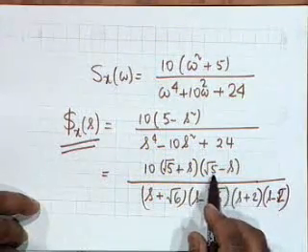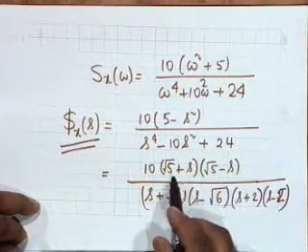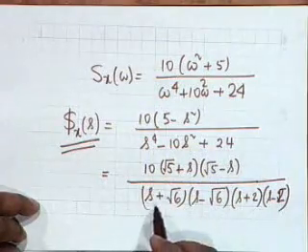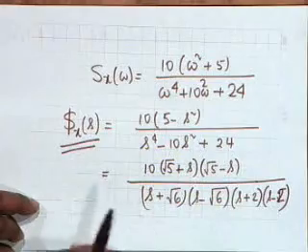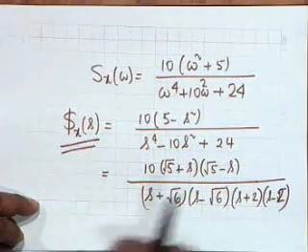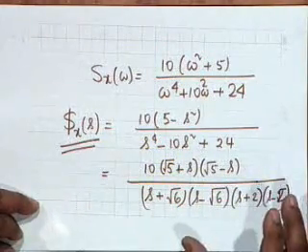There is a zero at root 5 and there is a zero at minus root 5. Similarly, the poles also occur symmetrically with respect to the j omega axis. Now, the poles and zeros which are in the left half plane are called left half plane poles and zeros, and those in the right half plane are called right half plane poles and zeros.